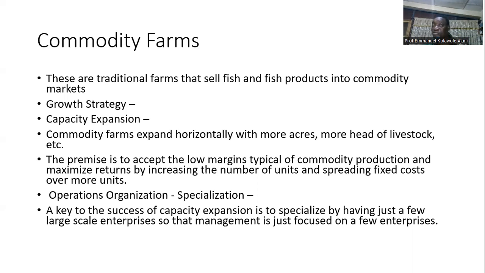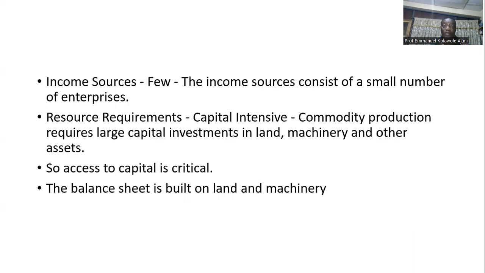They don't go into broodstock development. Their aim is to produce fish that will meet the need of their customers. So in terms of specialization, they just specialize in one key enterprise. And that's one beautiful thing about operational organization of commodity farm. Income sources are very few, because income comes from just one or a small number of enterprises.